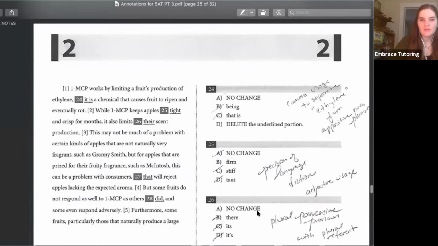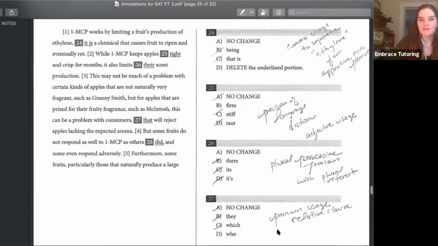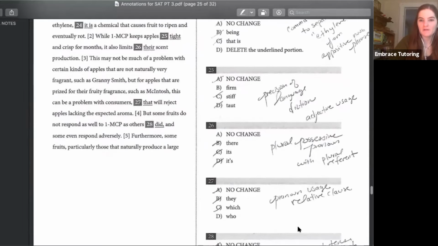Yeah, really, it's all like adjective use. A lot of these are really common sense grammar concepts that you can identify in reading, just like we did that first one, and trying to figure out, does it make sense?